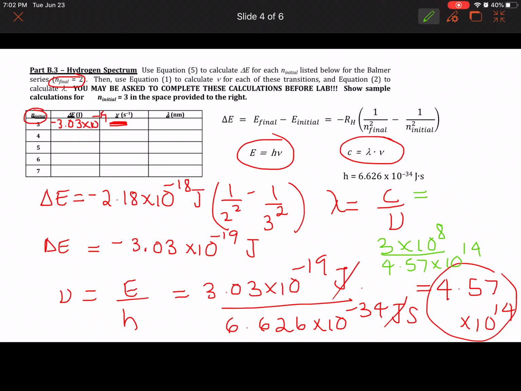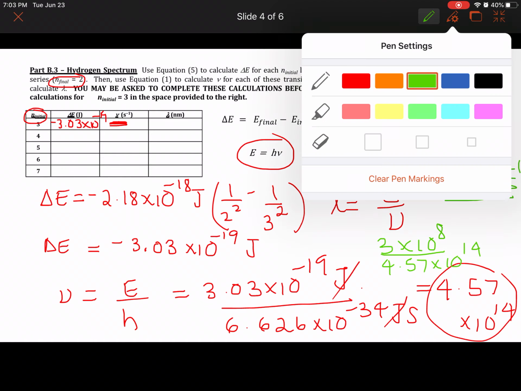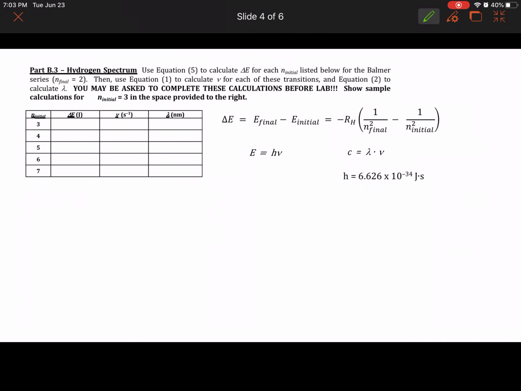I'm going to write it over here, 3 into 10 to the power 8 meters per second, you divide it by... everything went away, but it's okay, fine, you got it. Let me rewrite it again. Your wavelength is going to be C over frequency.